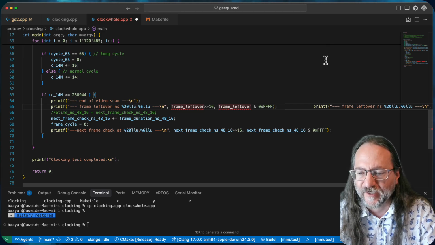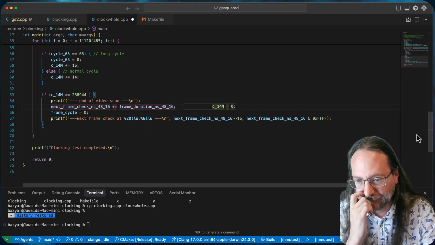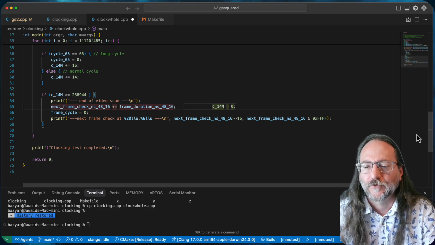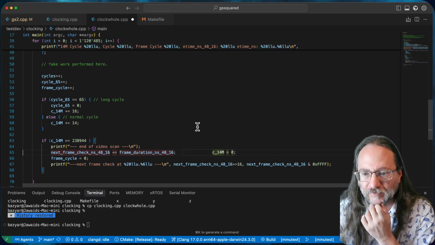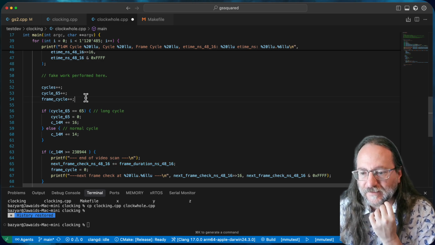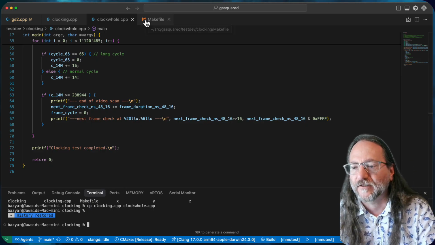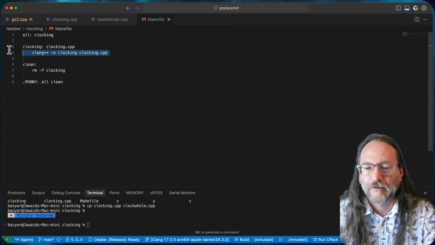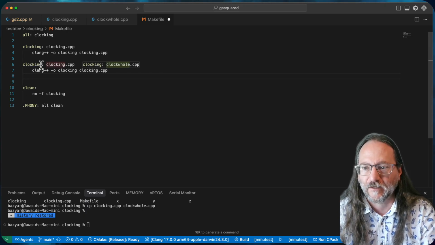I don't need this frame left over. Frame cycle. Oh yeah, that's counting the number of CPU cycles inside my loop. Well, let's just try this. Oh, I need to make fine entry here. Clocking.